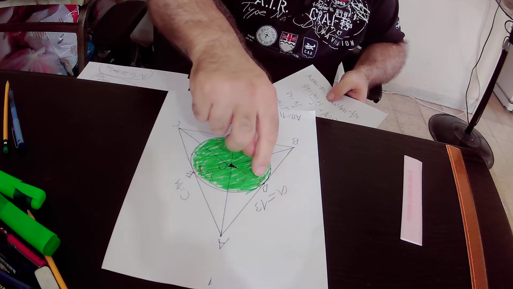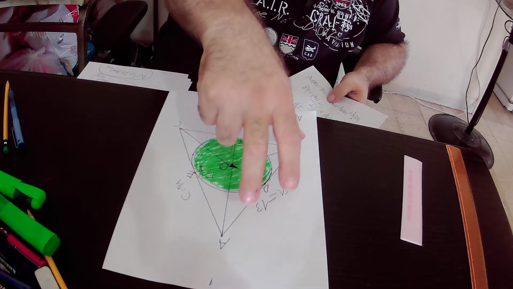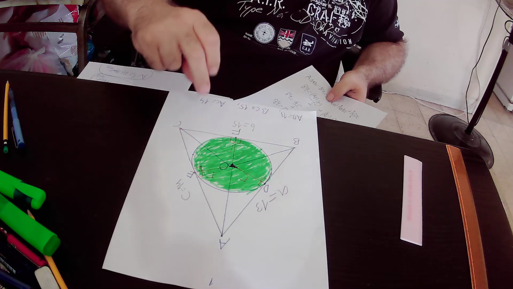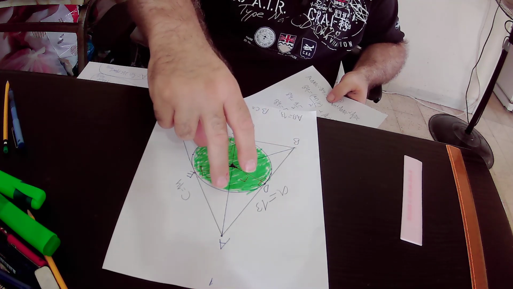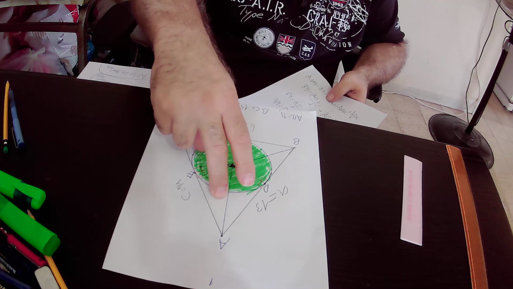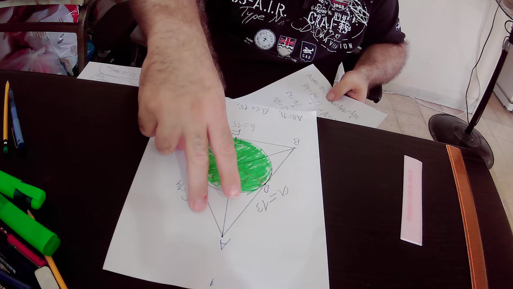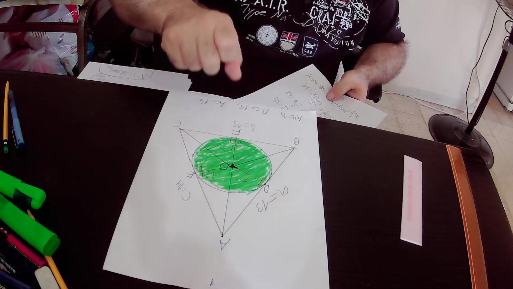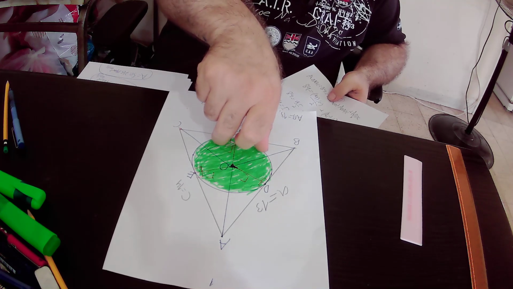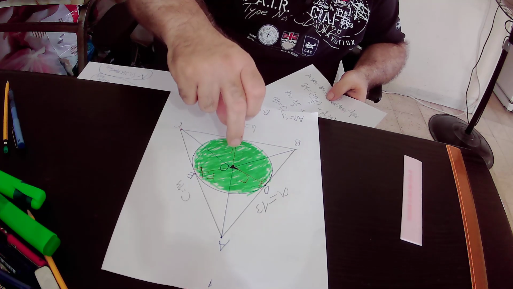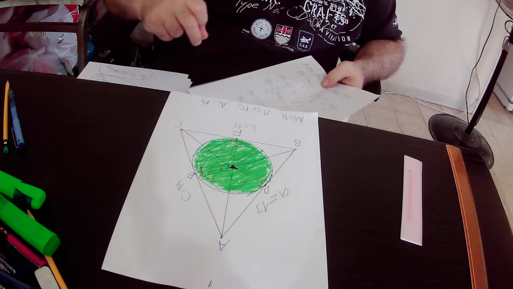The height creates 90 degrees with the base, so it is actually AB times R over 2, and the same thing goes for this triangle. The area of this triangle will be equal to the base of the triangle, that is AC, times the height to the base, that is the radius over 2, and the area of this small triangle equals the base of the triangle, that is BC, times the height to the base, that is the radius over 2.